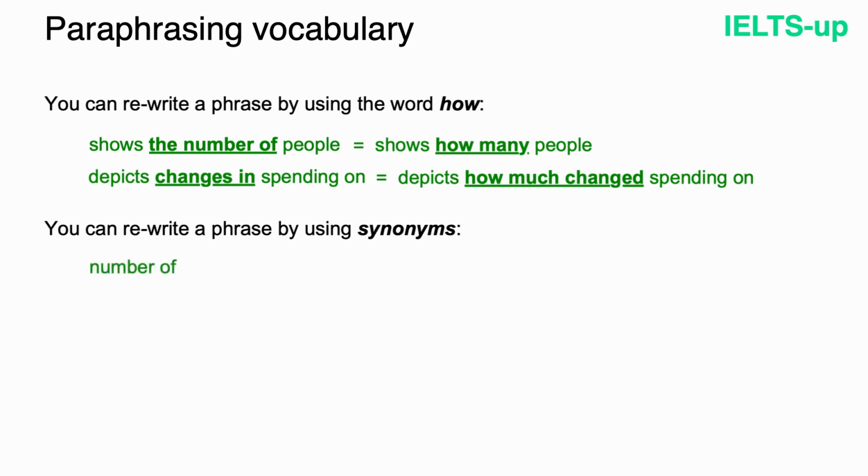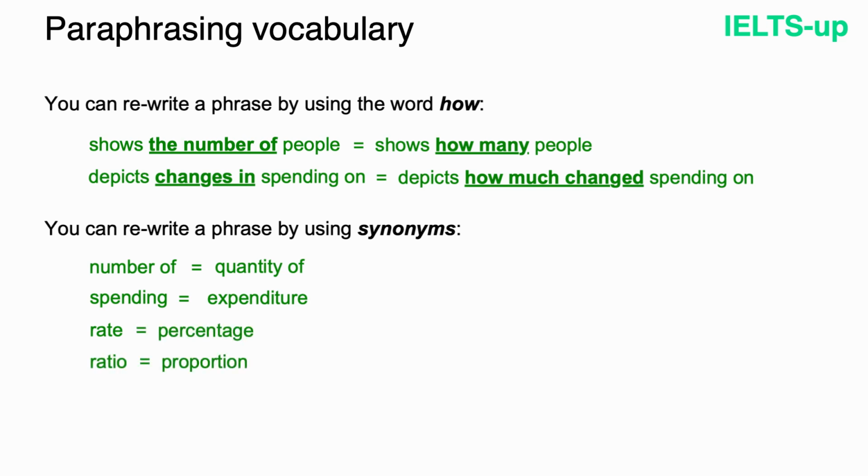Number of is equal to quantity of. Spending can be replaced with expenditure. Rate with percentage. Ratio with proportion. Information with data. Change can sometimes be replaced by increase, decrease, or variation.